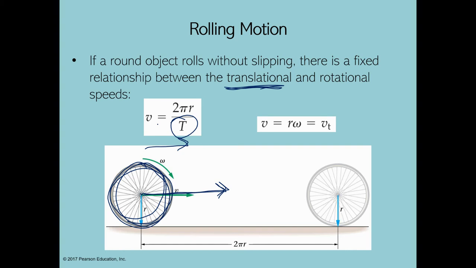In order to find that speed, we say v equals 2 pi r over t, but we can simplify that even further because we know that omega is just equal to 2 pi over t. So when we replace 2 pi over t with omega, we find that our velocity will equal our radius times omega.